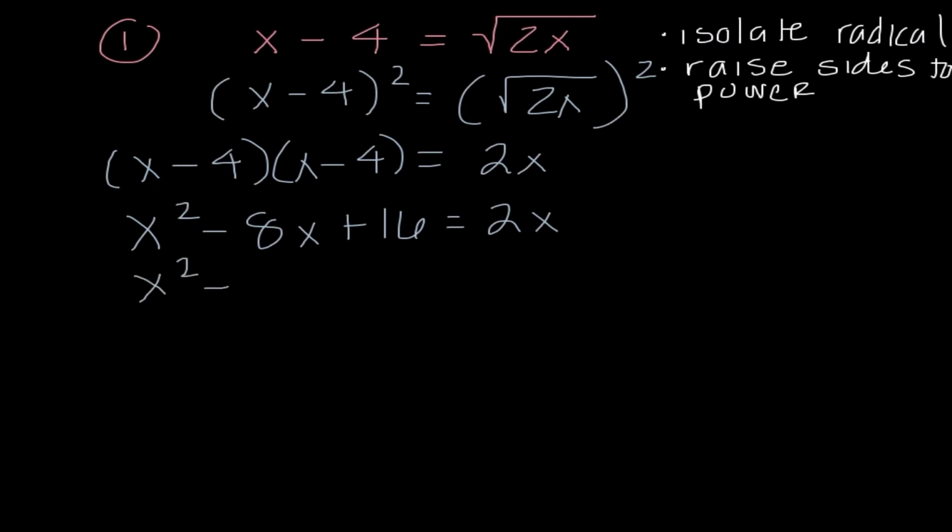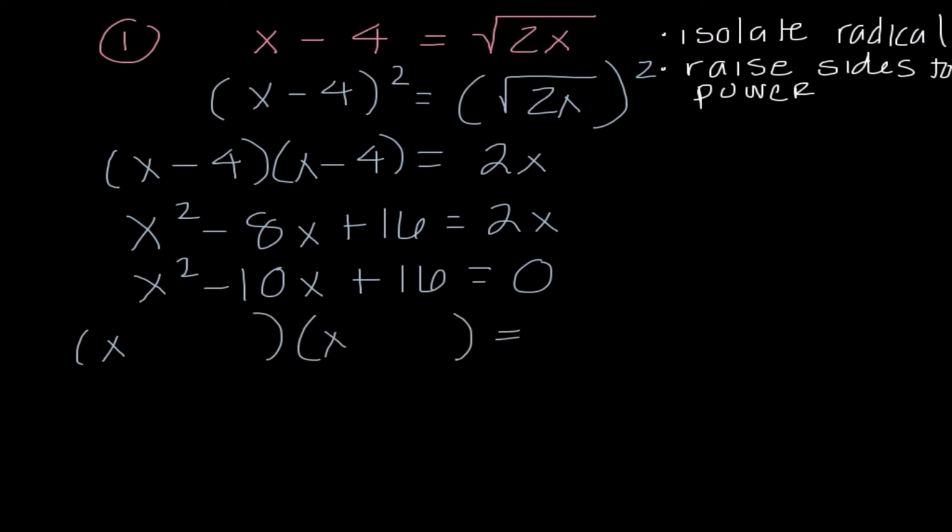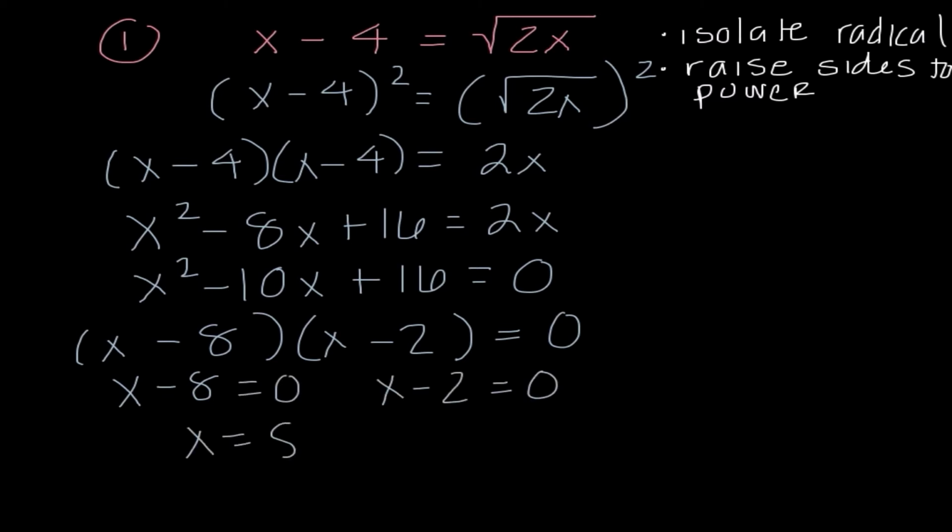In order to do that, I need to subtract 2x from both sides to make my equation set equal to 0. Now I need to think, are there any factors of 16 that add up to be negative 10? I know negative 8 and negative 2 would work. So I'm going to set both of these factors equal to 0, and I get x equals 8 and x equals 2.